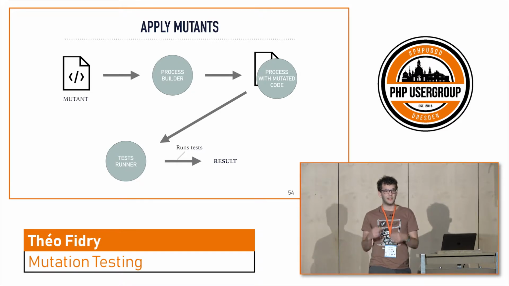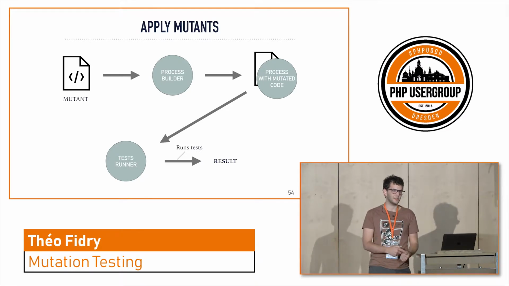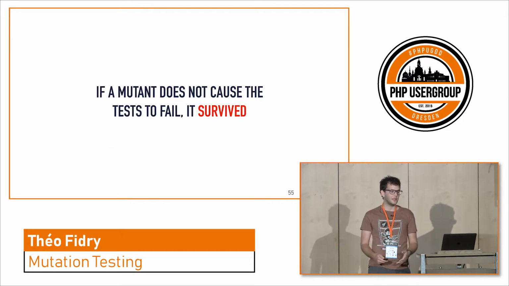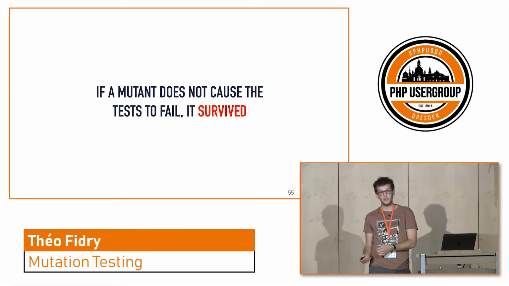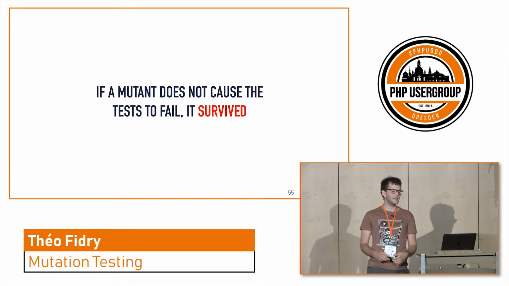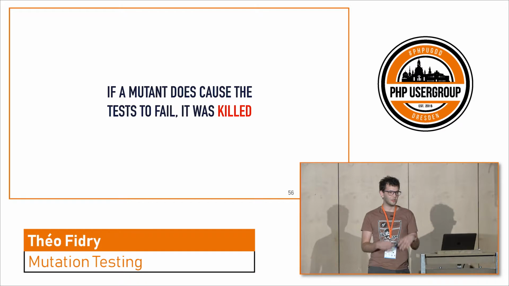Because the mutant is, in the end, a bug, you expect your tests to pick it up. So what you want is for the mutant to be detected. If your tests passed, it means your mutant survived, your tests failed to meet your expectations. If however the test result is failed, then the mutant was killed. It means the bug has been introduced and detected, which is what you want.